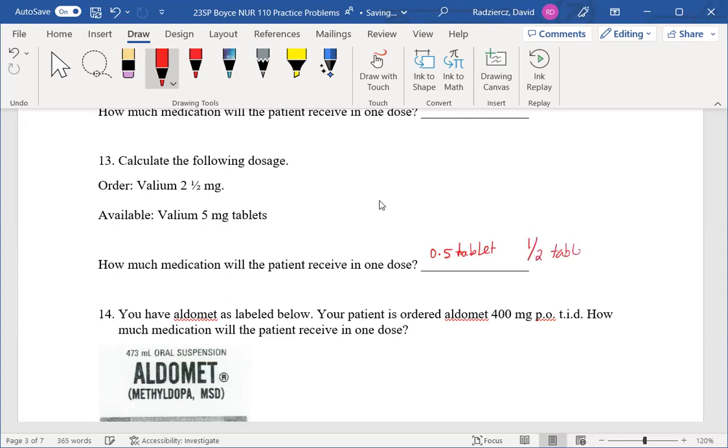So I always say, double check with your instructor, whomever is administering and grading your test. Make sure you know how they want you to administer it. I would assume that this is how they would predominantly want it, because the other could easily get confused and be 2 tablets, if that one got scratched out or something, but 0.5 is very specific.